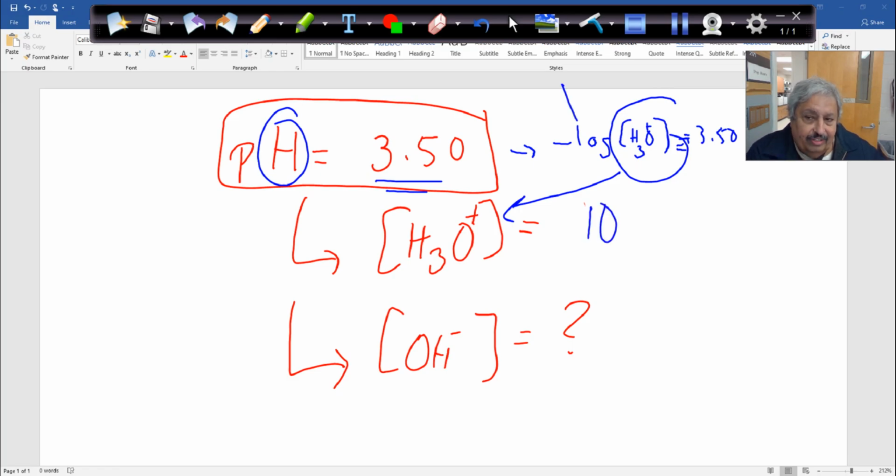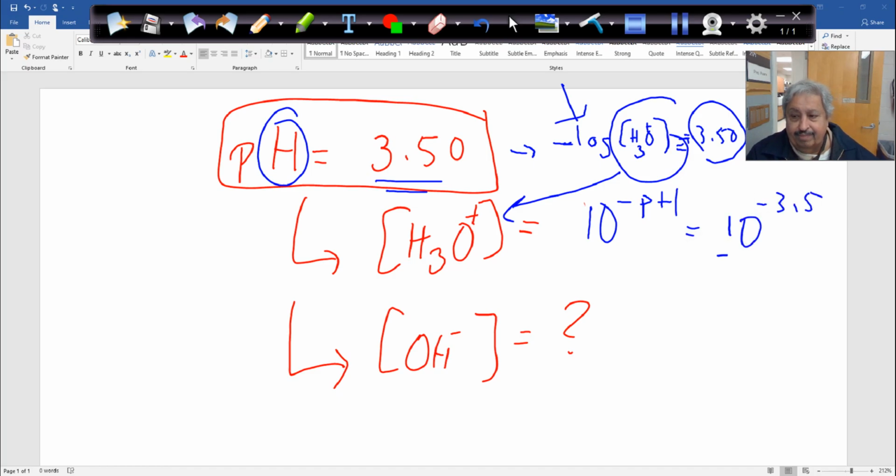The anti-function of log is 10. And then the minus here will come in the top, and then whatever the pH value, minus the pH, which will be 10 minus 3.5. Okay, guys? 10 power minus 3.5.